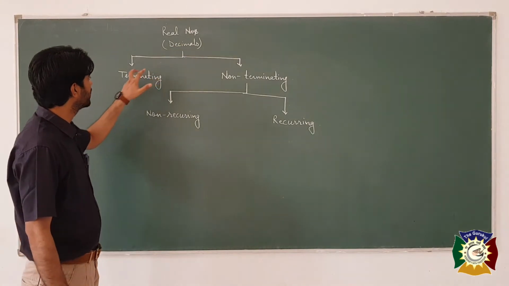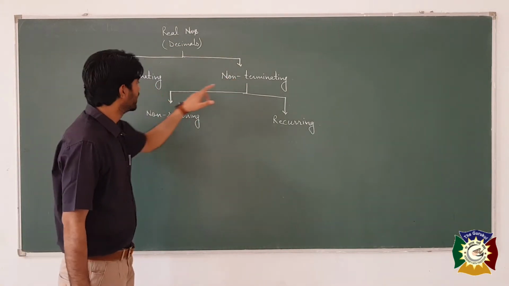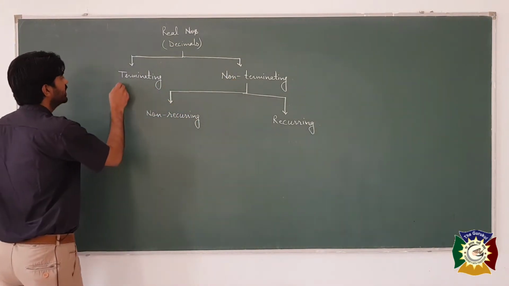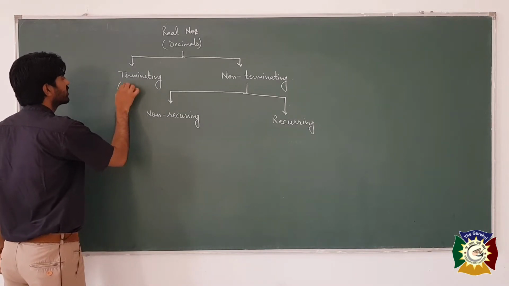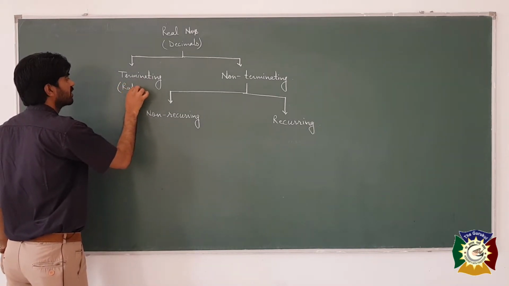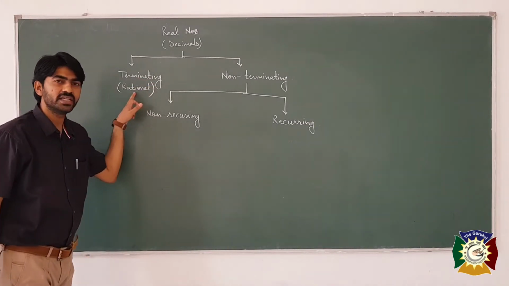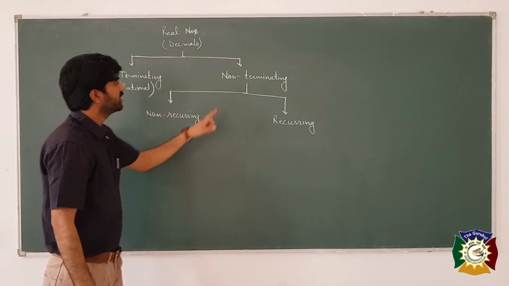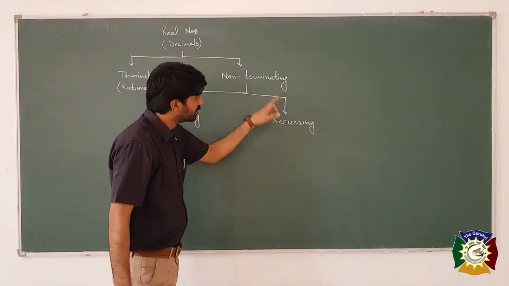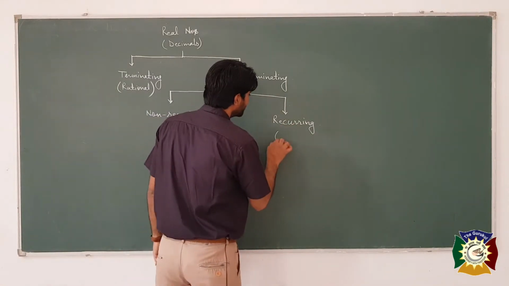Okay, now see, real numbers, they are decimals. Then in decimals we have terminating and non-terminating. If it is terminating, then it is rational. If it is non-terminating but recurring, then again it is rational.